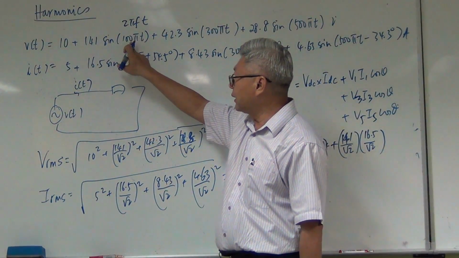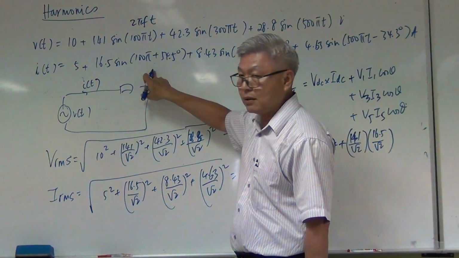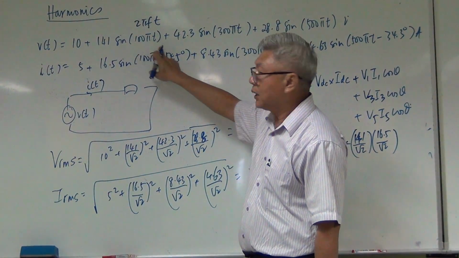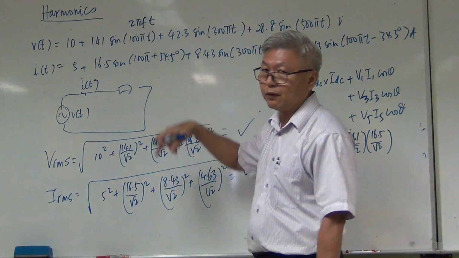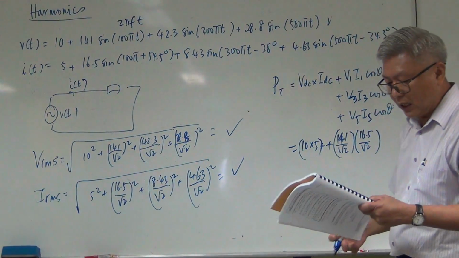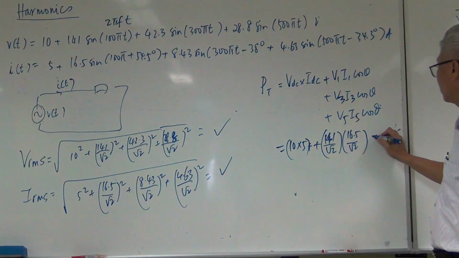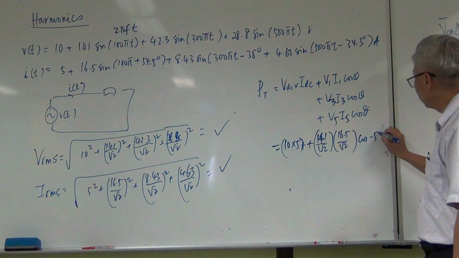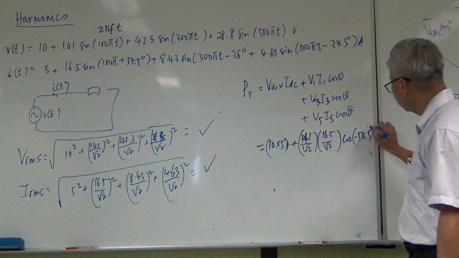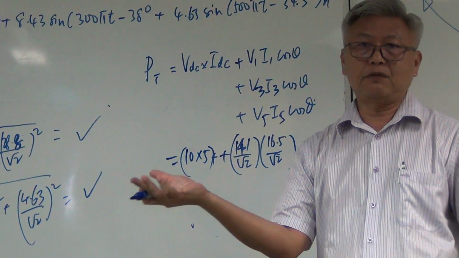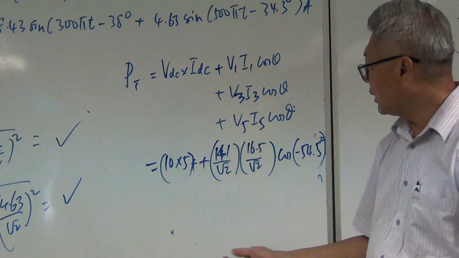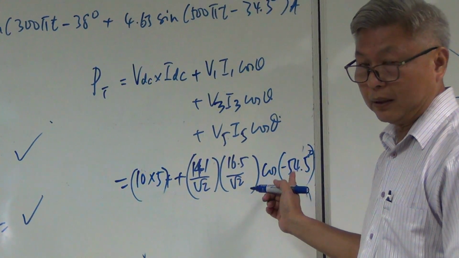Cosine theta is about the theta between this and this. So the theta here is 0 degrees, the theta here is 54.5. So 0 minus 54.5 is minus 54.5 degrees, so it's cosine of minus 54.5 degrees. Or you can think of the angle between 0 and 54.5, which is 54.5. It's the same in terms of mathematics.